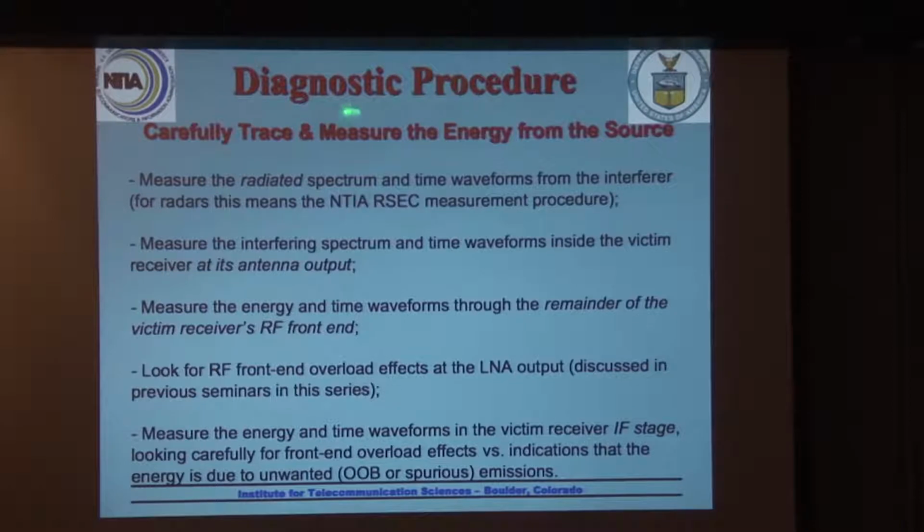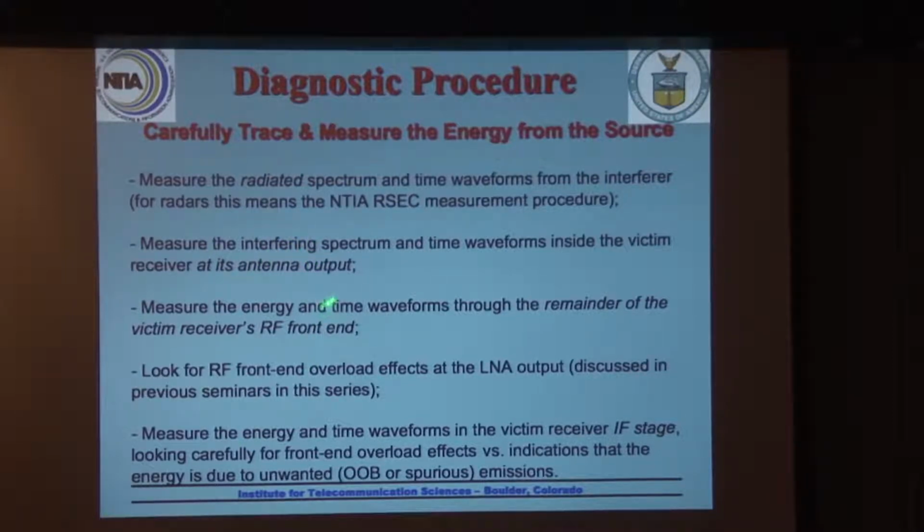So the diagnostic procedure at the site is, first of all, carefully trace out and measure the energy that's coming from the source. We've talked about this in the earlier talks, so I'm going to walk through it quickly here. We need to look at the radiated spectrum and time waveforms coming from the interference source. We need to measure the interference spectrum and time waveforms inside the receiver that's experiencing the interference, and we need to look, first of all, at what it looks like when it's coming right in through that antenna on the receiver.